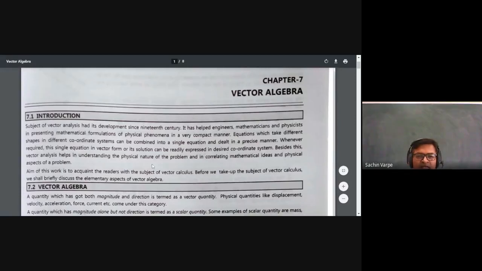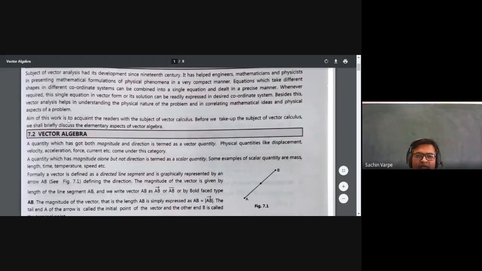Besides this, vector analysis helped in understanding the physical nature of the problem and in correlating mathematical ideas and physical aspects of a problem. The aim of this work is to acquaint the readers with the subject of vector calculus. Before we take up vector calculus, we shall briefly discuss the elementary aspects of vector algebra.